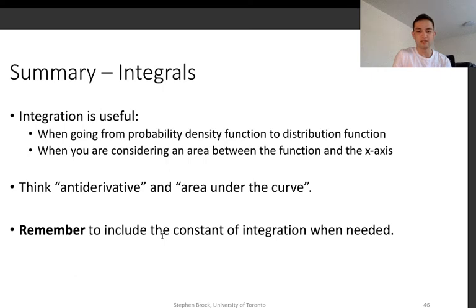Remember to include the constant of integration when needed. Again, I can't think of any questions where you need the constant of integration, because most of the questions are definite integrals. But it's important to remember you want to use the antiderivative first and then plug in the values.